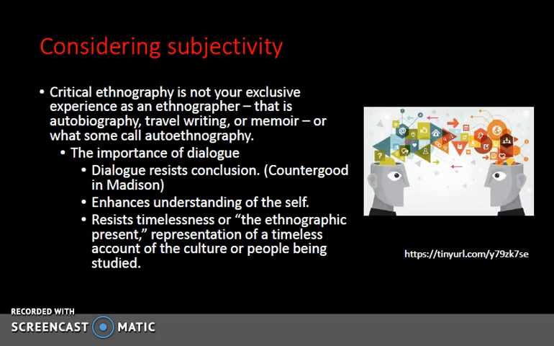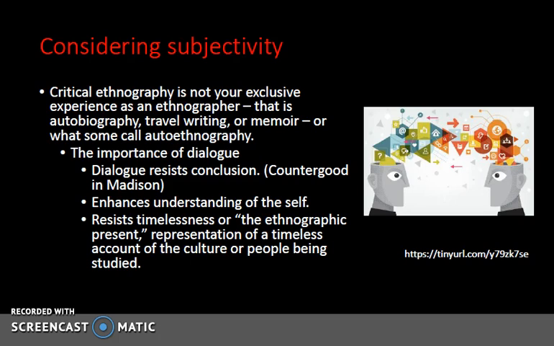Now, one of the things that is brought out here is that when we're doing what Madison would call critical ethnographic field work, this is not about exclusive experience as an ethnographer. In other words, the reflexive exercise, according to Madison, can be carried too far.